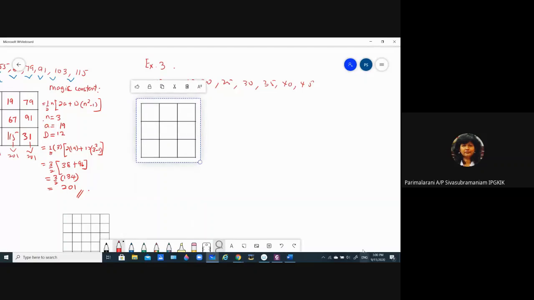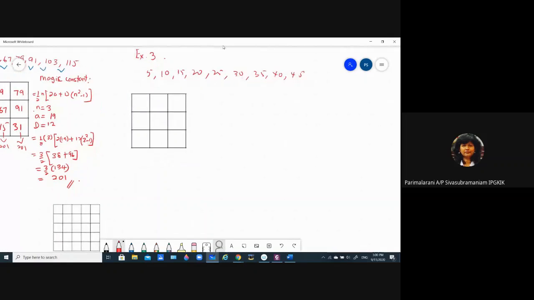Before that, we calculate our magic constant. What's our magic constant? It is n/2 times (2a plus (n squared minus 1) d). What is our n here? n is 3, because 9 numbers we're going to put into this box, so this is a 3 times 3. And what is our a? a is 5, and d is 5.